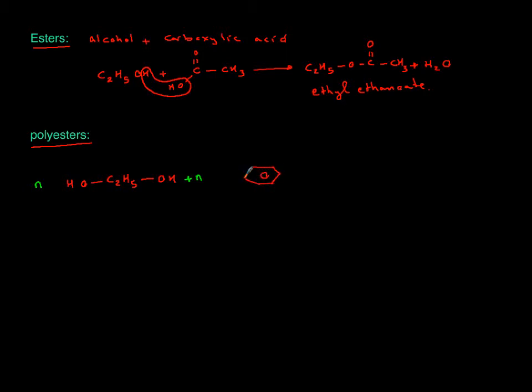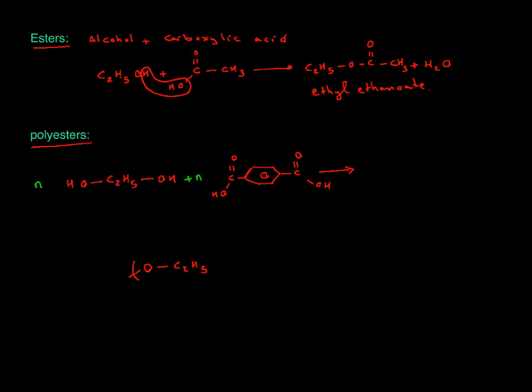So I give you 1,4-benzene dioic acid again, and now they're going to link up, except you will have a long chain. So I'm going to write one segment down here. The oxygen is here, C2H5.